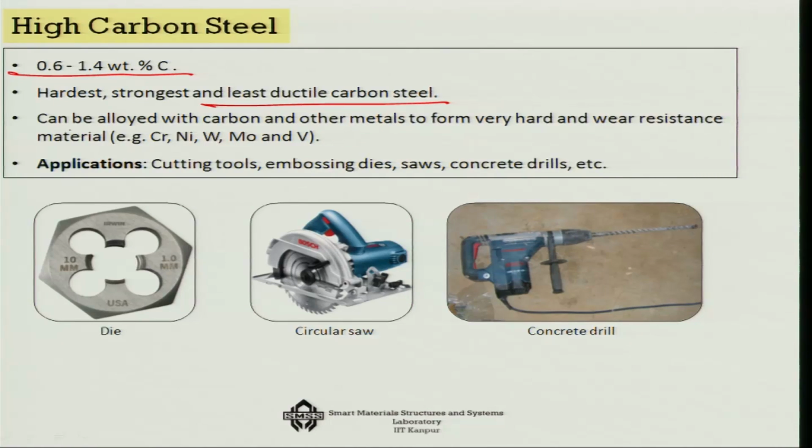It can be further alloyed with other metals to form very hard and wear resistant material, like if you alloy it with chromium, nickel, tungsten, molybdenum or vanadium, you get something which has better wear resistance, and then you can use it for cutting tools, for embossing dies, for saws, concrete drills, this type of high strength applications.